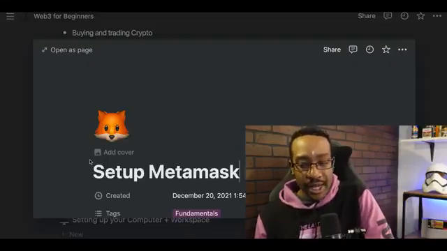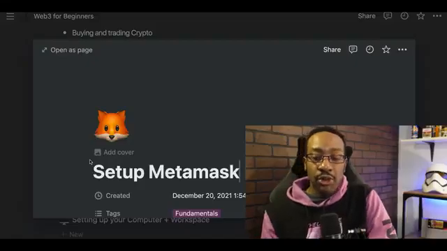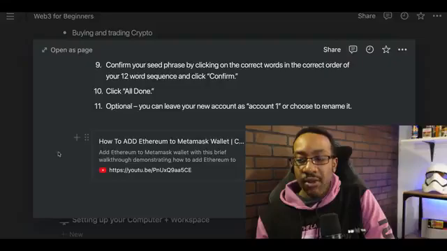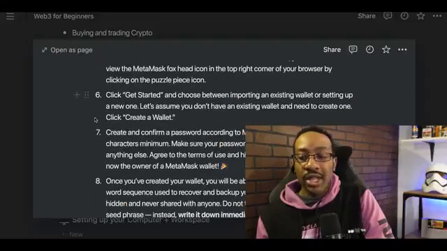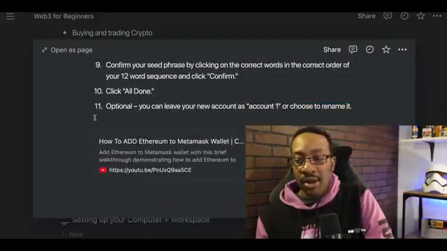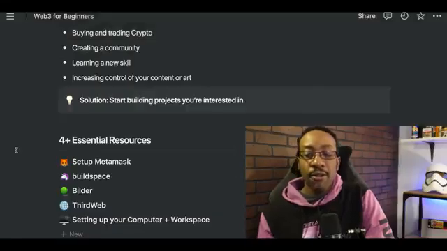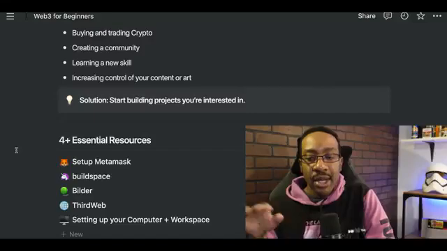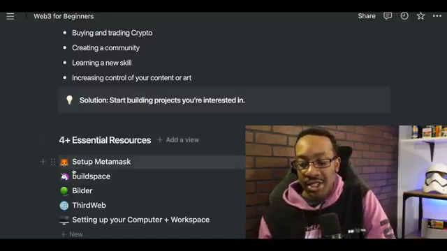By the way, this is not financial advice. You're going to need a MetaMask where you're going to be able to transfer the funds. We did a whole breakdown of what steps you would need to create a MetaMask, and also how you transfer the money from your account, either in Coinbase or whatever, into your MetaMask. We talk about all of that in this section here.